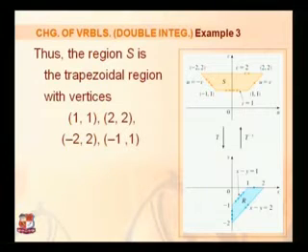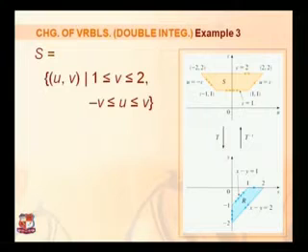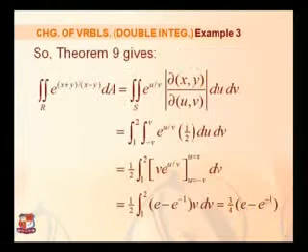Okay, so after this change of variable we will get v from 1 to 2 and u, in terms of v, from minus v to v. So after all this calculation we will get the integration from 1 to 2, minus v to v, of e raised to (x plus y) upon (x minus y), that is e raised to u upon v, times the Jacobian 1/2, du dv.